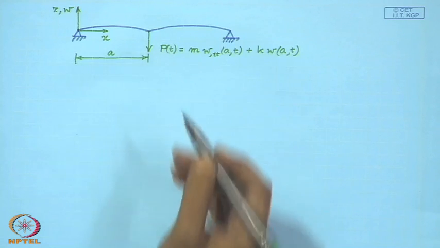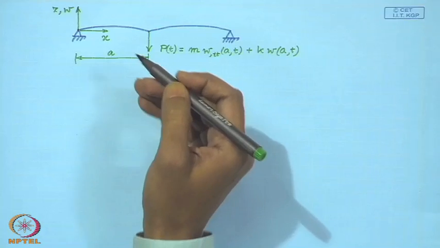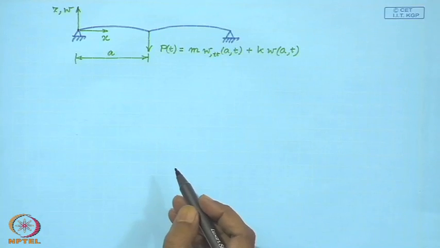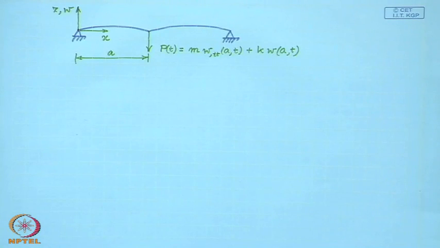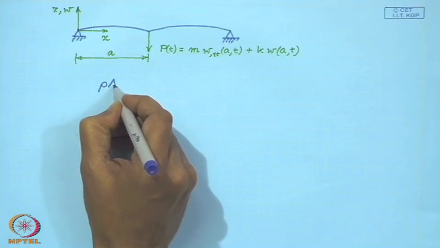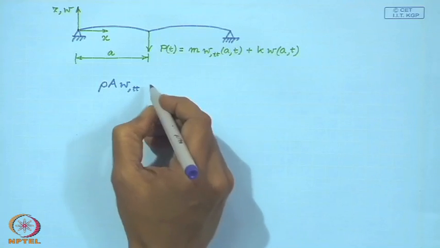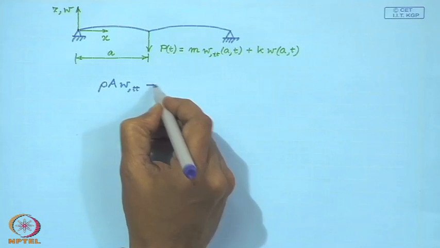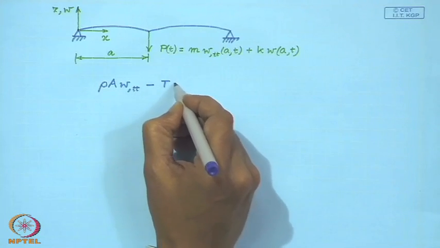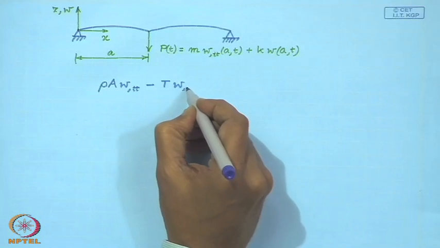Now, remember that when we wrote out the equation of motion for the transverse motion of a string, this equation was, for a uniform string with no axial force.